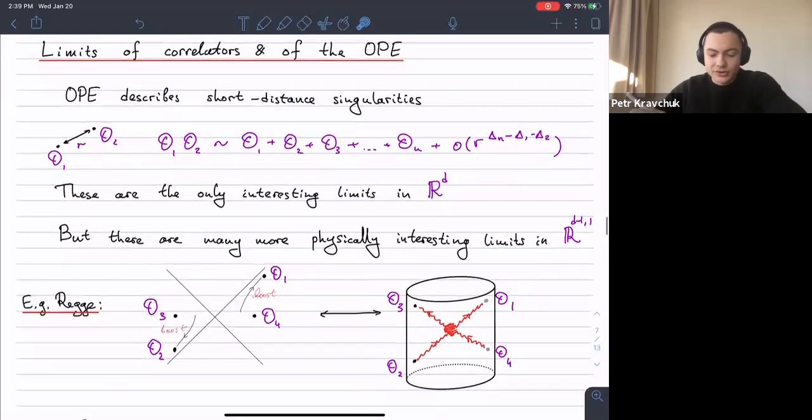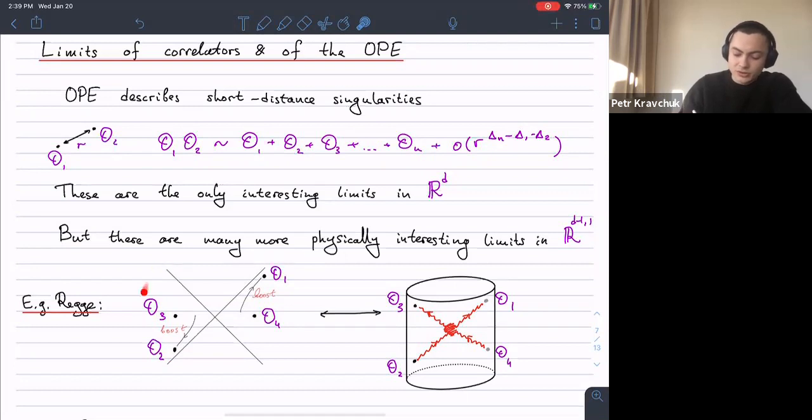And it's interesting to ask what happens when some special kinematics related to light cones happens in Lorentzian signature. So for example, one famous limit of this kind is the Regge limit, which can be described in flat space as fixing operators O3 and O4 in some positions, but you boost operators O1 and O2 to approach the same null cone.